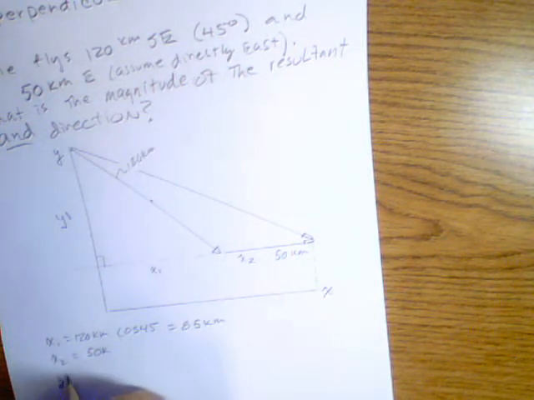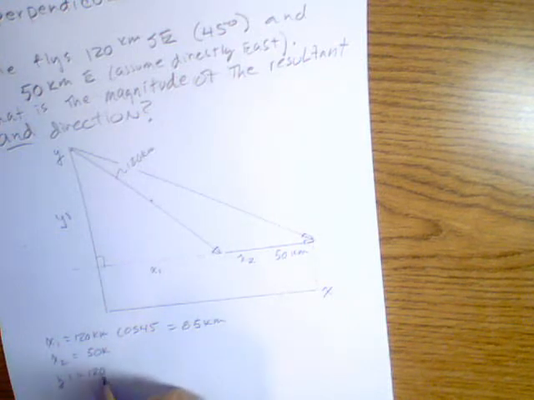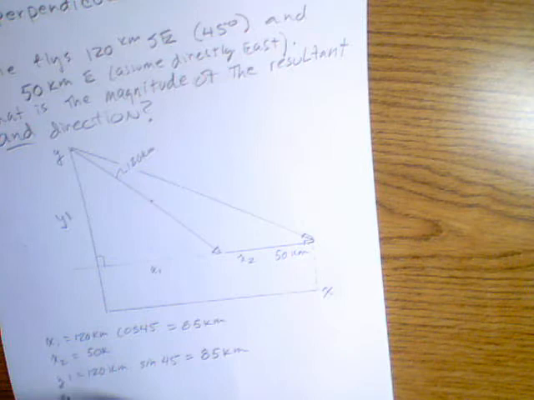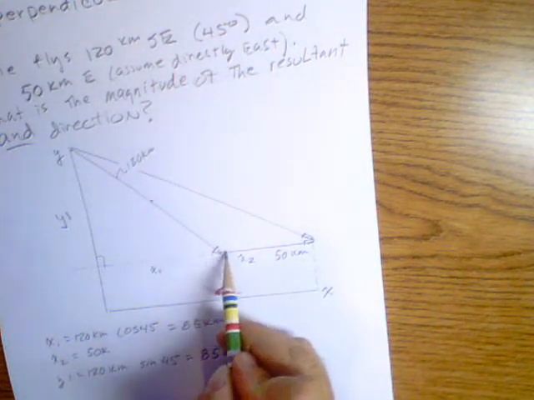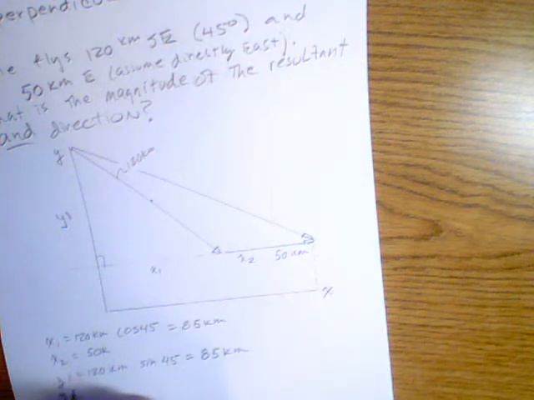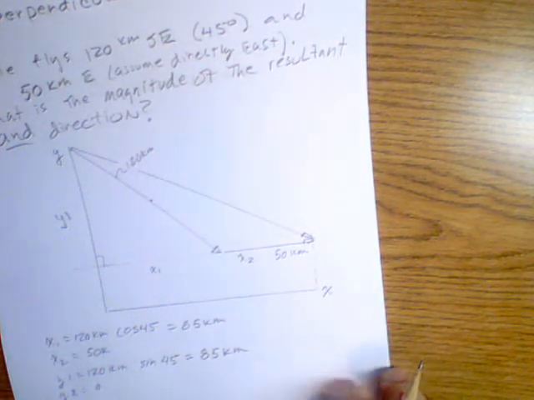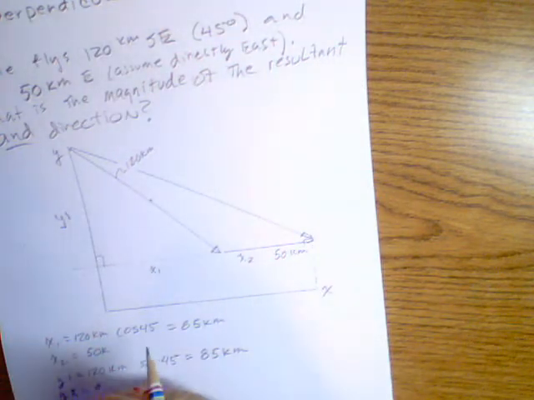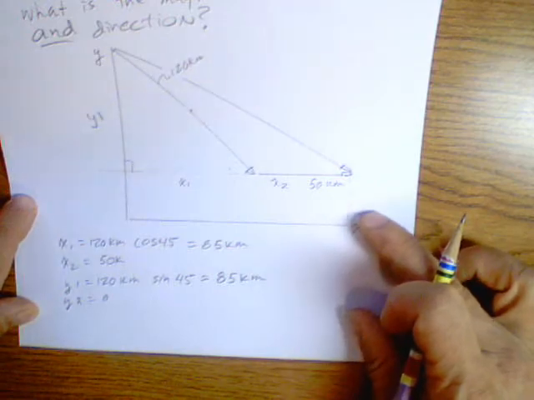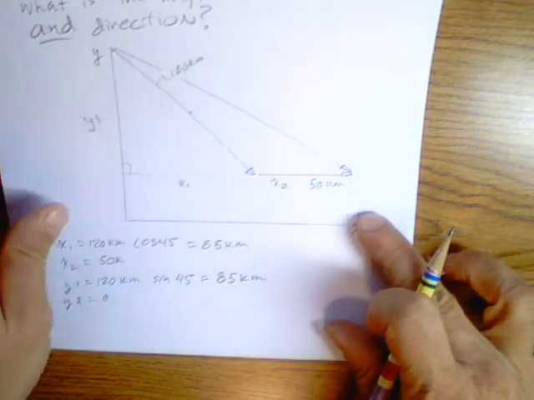And then y1 is 120 kilometers times the sine of 45 degrees, which is 85 kilometers, and y2 is 0. There's nothing to resolve there, but it's important to write it because in other examples you will have a y2. In ours we did not, but in other examples you will.